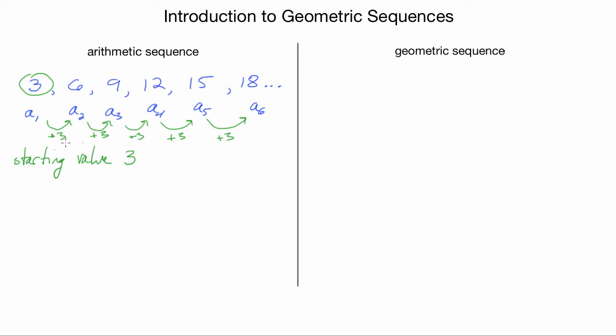We give a special name to that plus 3, that thing that we're repeatedly adding over and over again. And that's called our constant difference. So in this arithmetic sequence, the starting value is 3 and the constant difference is 3. We're repeatedly adding 3 over and over again.